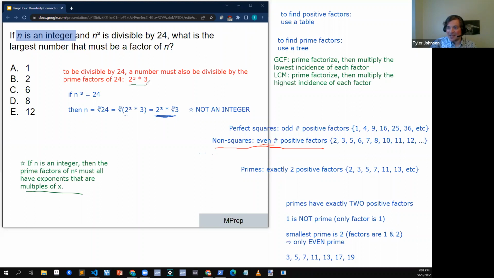So this prime factorization, 2 cubed times 3, can't be the prime factorization of n cubed because there's not enough cubes there, right? I have a 3 to the first. I would need every exponent in that prime factorization to be a multiple of 3 because we're cubing it. It's got to be a 3, a 6, a 9, a 12, something like that.